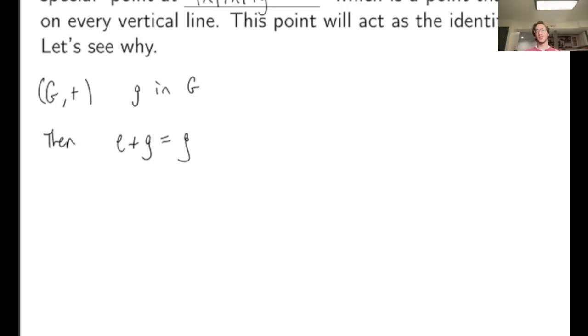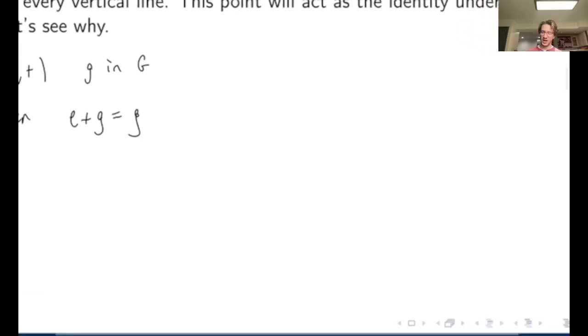It's 0 for those groups under addition. It's 1 for instance, the real numbers minus 0 under multiplication. So it's that special element that basically doesn't do anything when you do the group operation with that element.